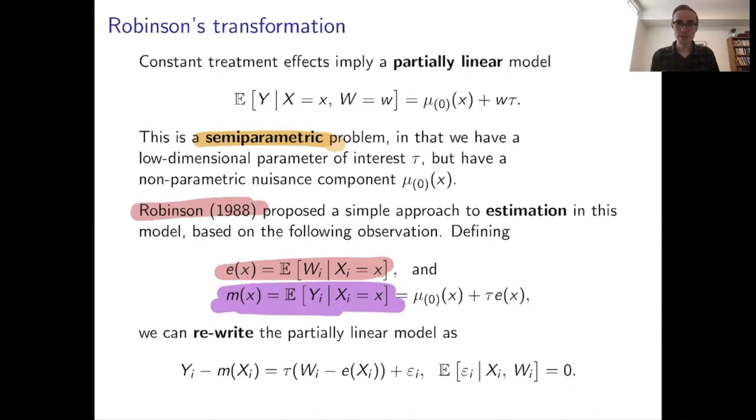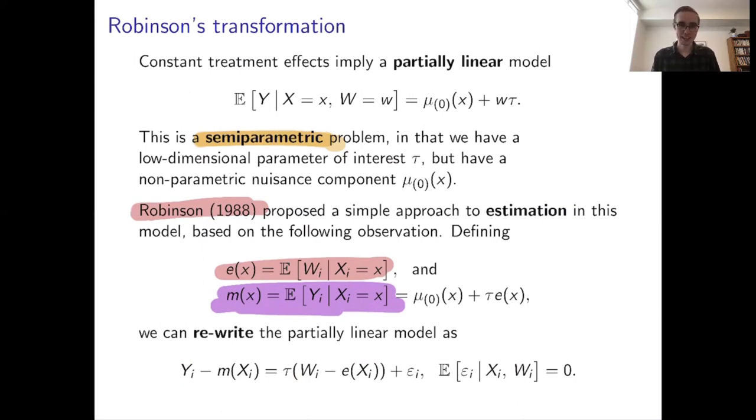Just run a univariate linear regression where your response variable is this difference, y minus m, and your single regressor is this variable, w minus e. Then tau is just the regression coefficient you get by regressing y minus m on w minus e. If you knew m and e, then this approach would give you, very simply, a consistent, asymptotically normal method for estimating tau, with standard inferential guarantees also.